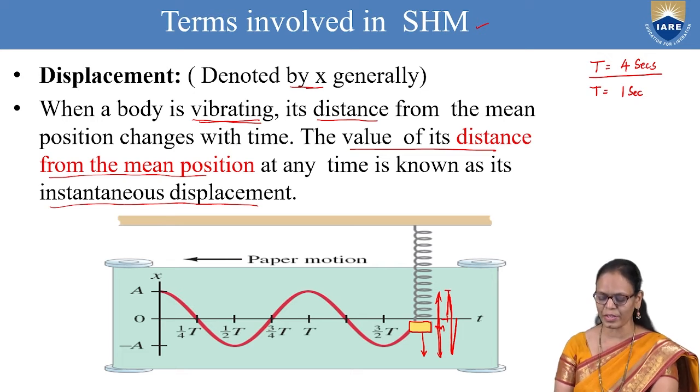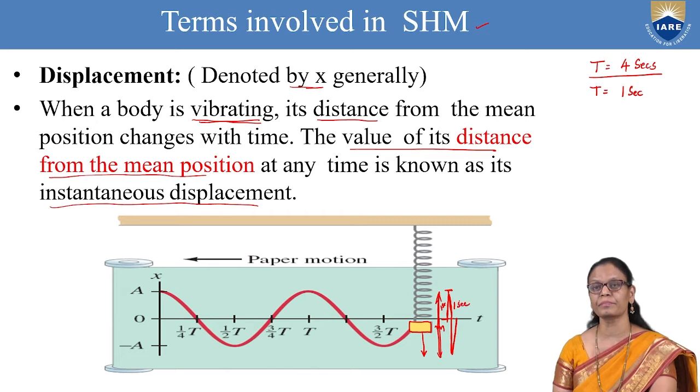To come back from the extreme position to the mean position, it will take 1 second. Again, from mean to the other extreme, 1 second, and to come back again, 1 second. This is how we are dividing the time interval of 4 seconds. For 1/4 of the oscillation, it is taking 1 second.